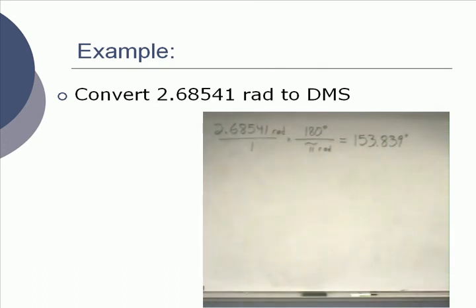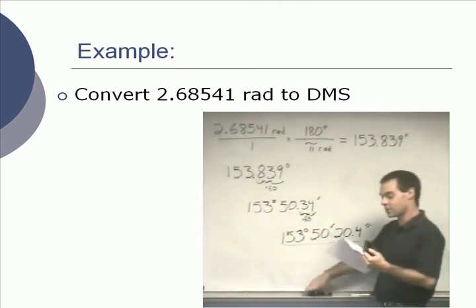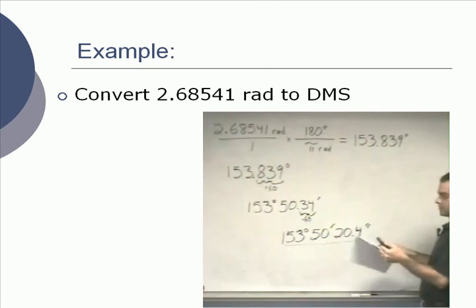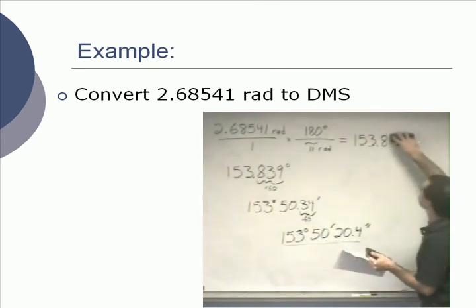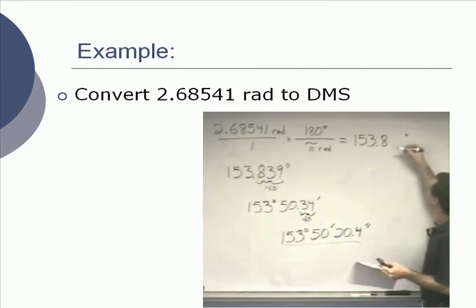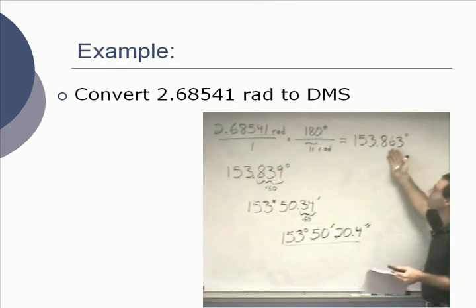Let's stop for a minute. Everybody agree with that? Oh, crying out loud. Yeah, that was wrong. That should have been 0.863, right? Doggone it. 153.863. I apologize for that. Everybody got that change?